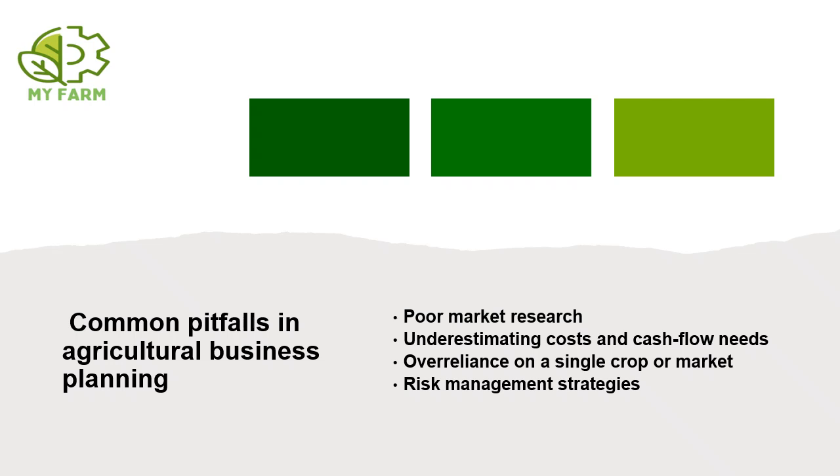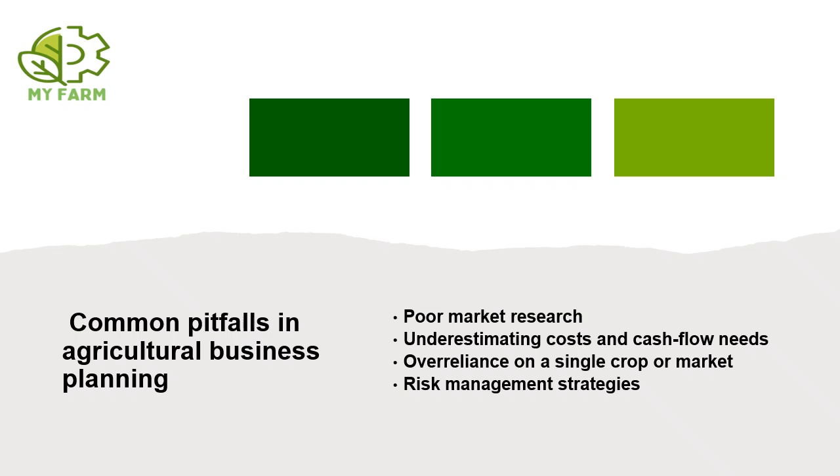Another major issue is underestimating costs and cash flow needs. Agriculture requires significant upfront investment and often has long production cycles. When businesses fail to plan for seasonal income gaps, unexpected expenses, or price fluctuations, financial stress quickly builds.